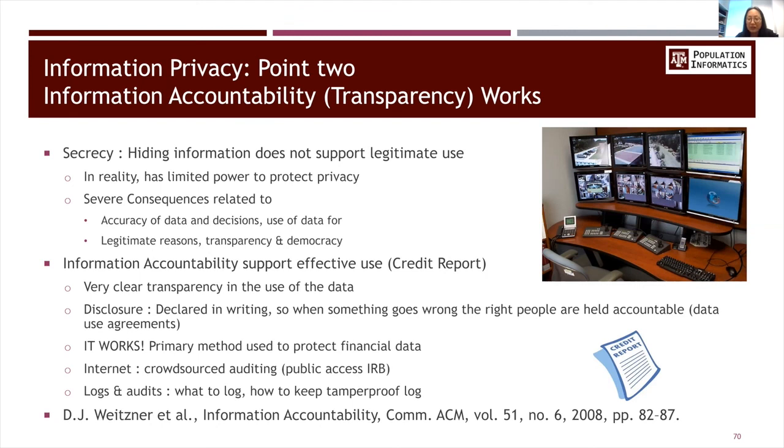Often, although it's not intuitive, transparency and information accountability is a much more effective way to give you privacy. So it's not about locking everything up, because if you lock everything up, you can't use it. You can't do your research. What it is about is having accountability, transparency, and proper procedures in place so that you can do your research correctly and still be able to get to your results.